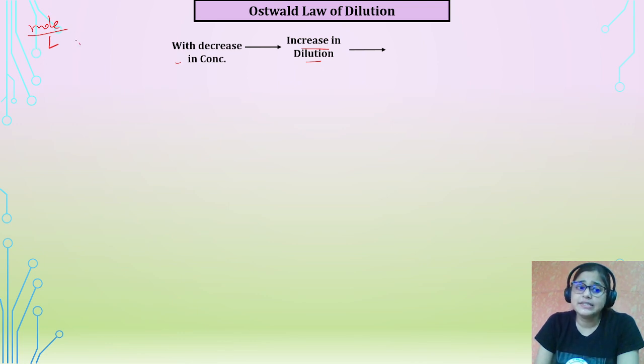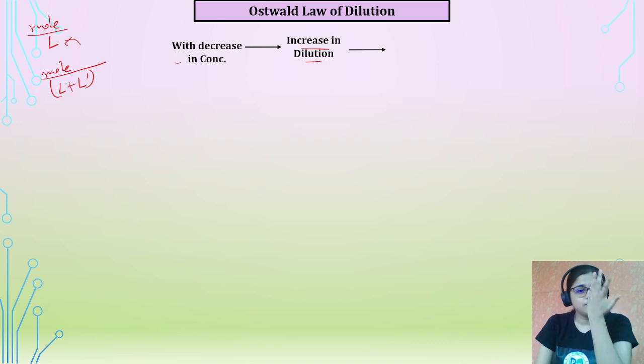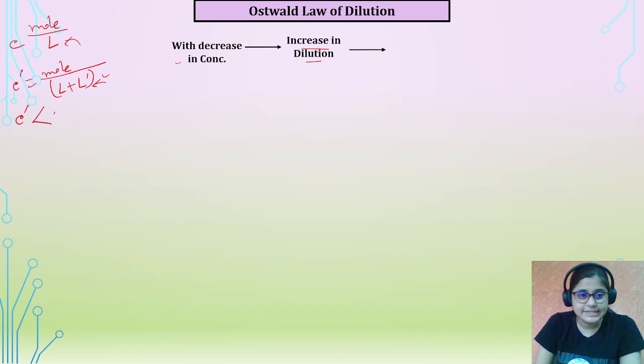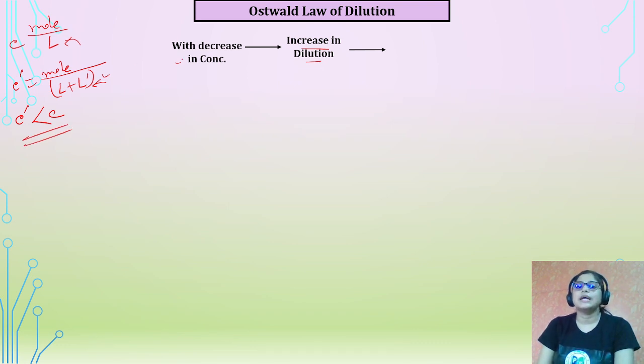Now the volume has increased and the moles are the same. Mole is mole, but L now has a greater value, L plus L dash. So the denominator value is more, so the concentration C dash will obviously be less than C, right? So that is the thing here.